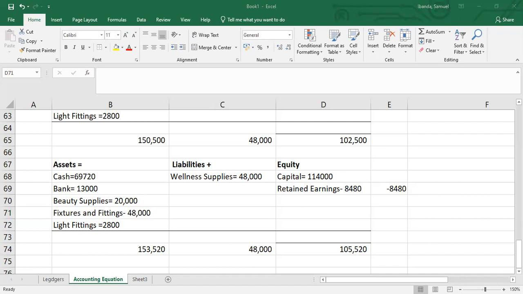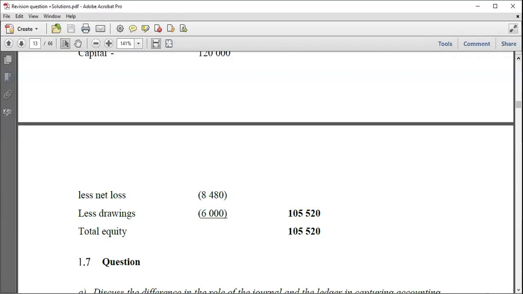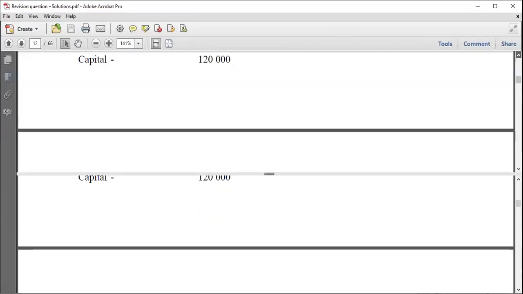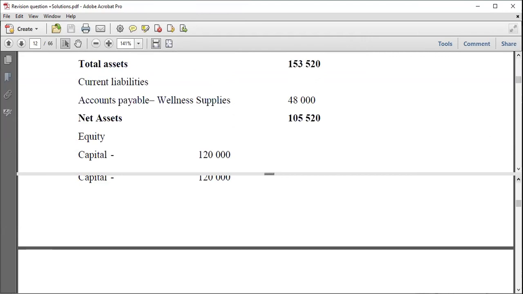So as you can see, let me just show you something small. When you look at this question, because this is a revision and answer question, I just want to give you an insight. Sorry. Let me just try to open this again.